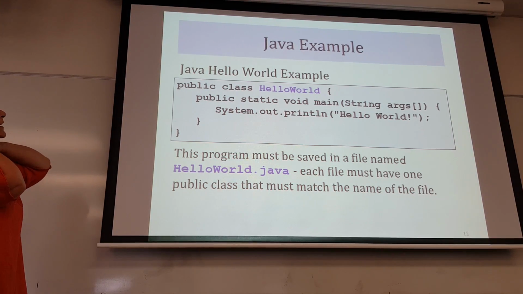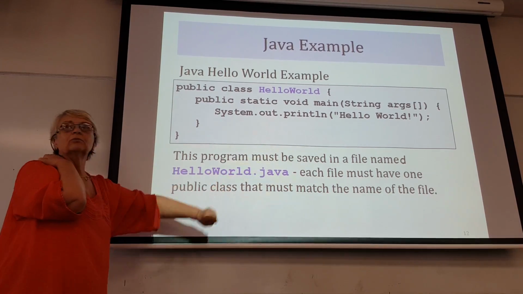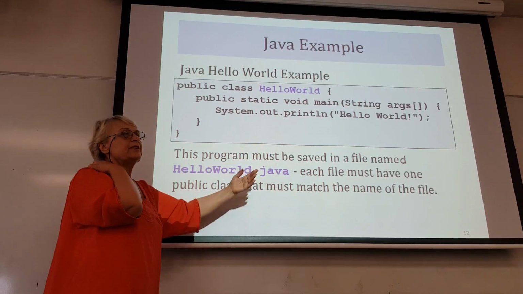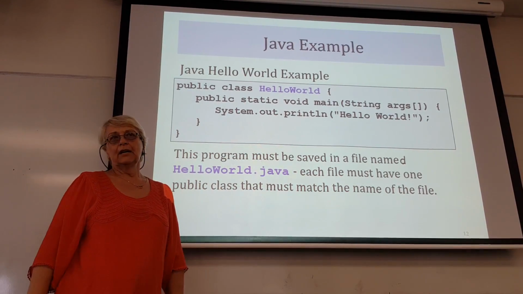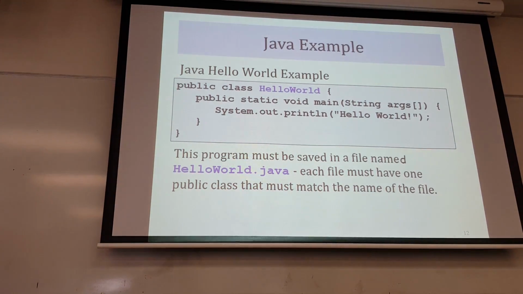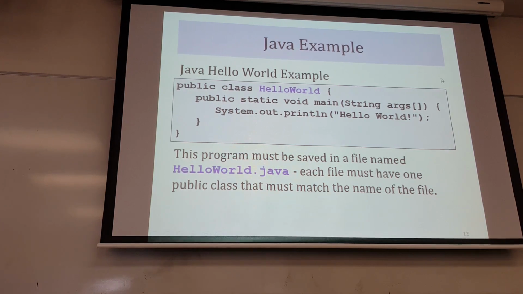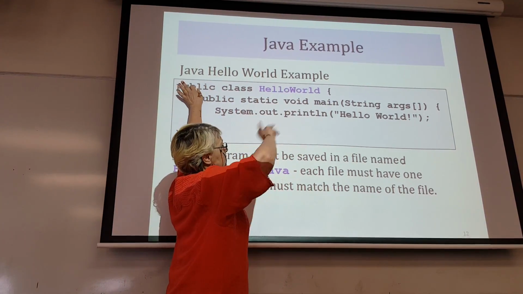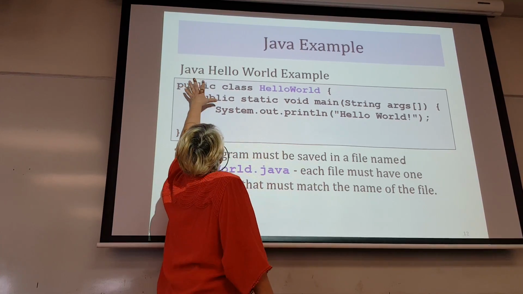And because Java is case sensitive, the file name has to be identical, HelloWorld. And this is important because the compiler finds the types based on the names you give there. Okay. So, as you can see, public is this class, so it's available to the outside world.